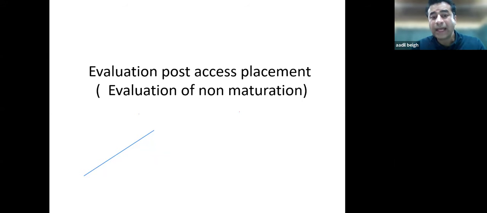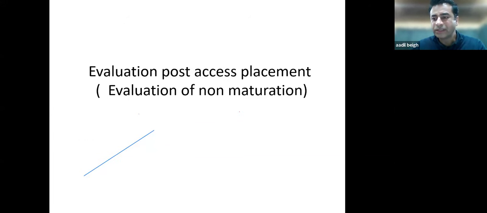So accessory vein plus juxta-anastomotic stenosis, 75 to 80%, cause non-maturation of AV fistula. And around 60 to 70% alone is juxta-anastomotic stenosis.